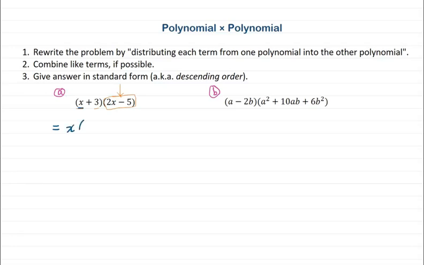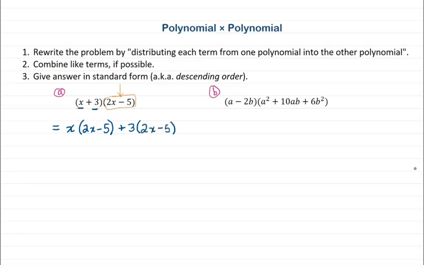We'll set that up as being distributed into 2x minus 5. Okay, now we'll take the plus 3. Be careful to take the sign. We'll write that as being distributed into 2x minus 5 as well.